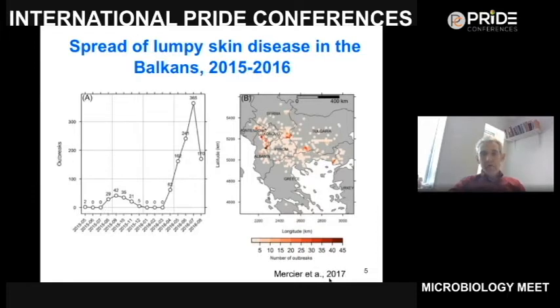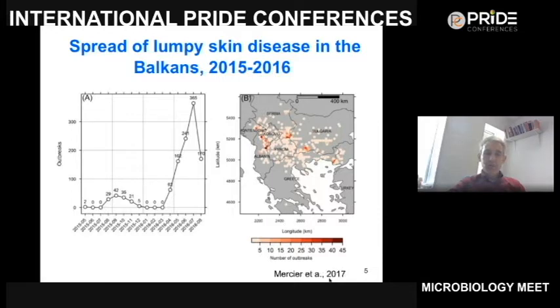Here you can see on the right side the map of the Balkans, and you can see the number of cases which were reported in this Balkan area. You can also see the seasonal influence on the spreading of the disease, because this is related to spreading through vectors.